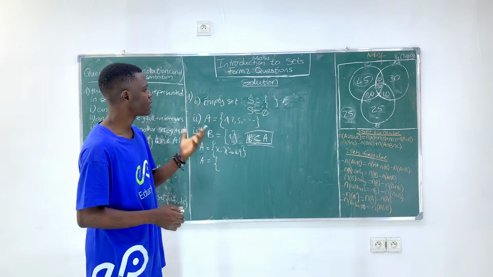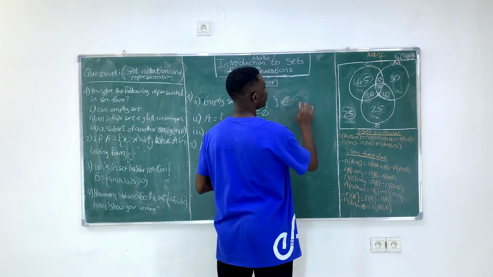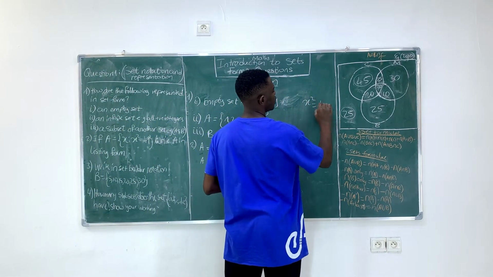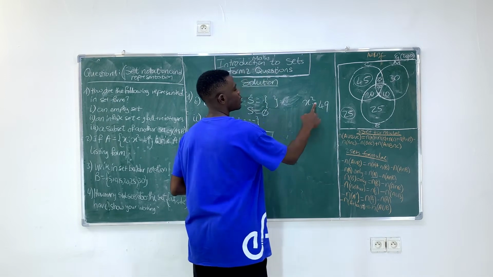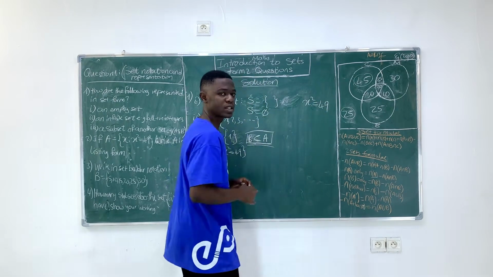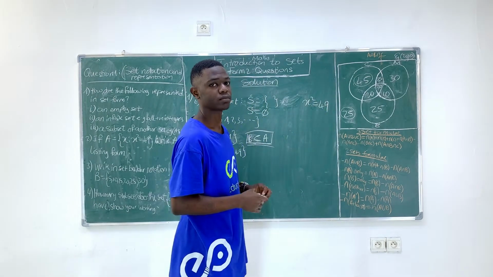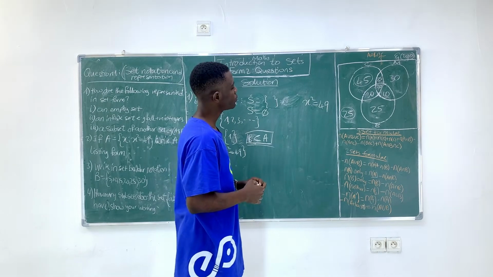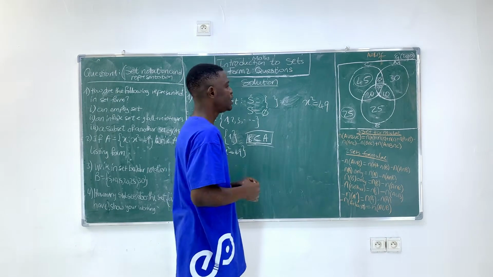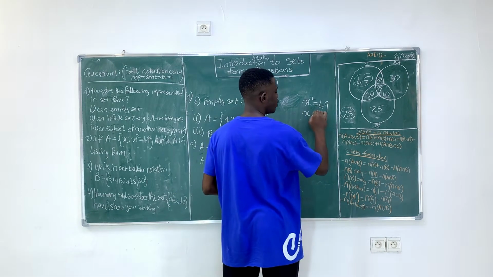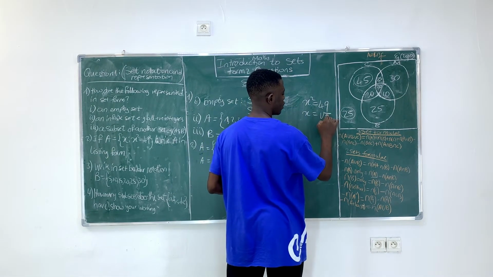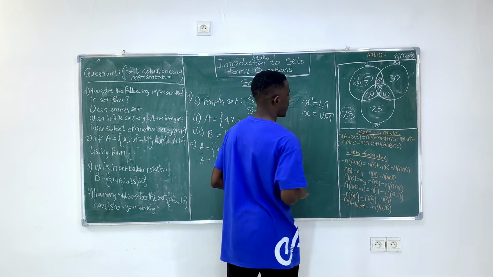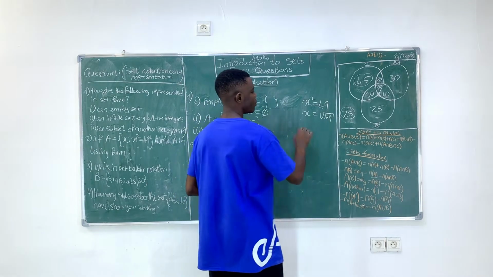So what is the value of X if X squared is equal to 49? X is the square root of 49. So what is the square root of 49?